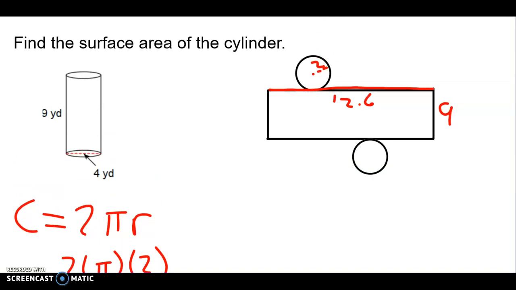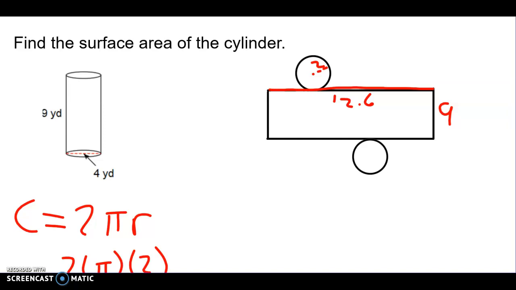So again, I'm going to say that one more time, just because this is the area people struggle with the most. When finding the surface area of the cylinder, we need to find the area of 2 circles and a rectangle. But the width of the rectangle is the circumference of the circle.